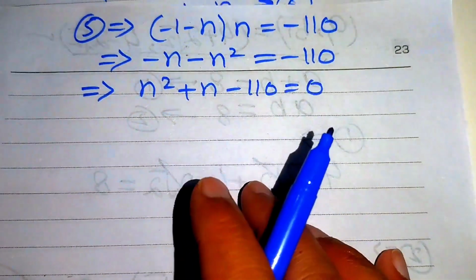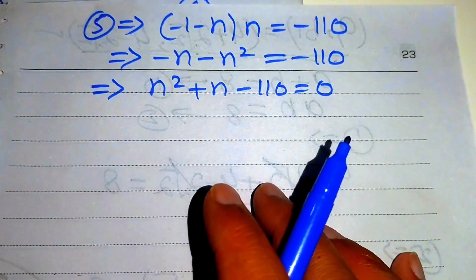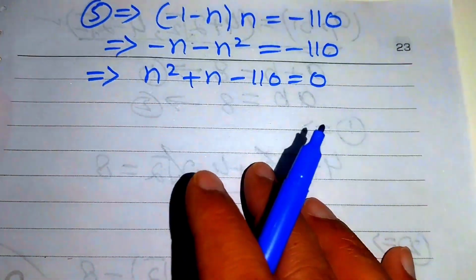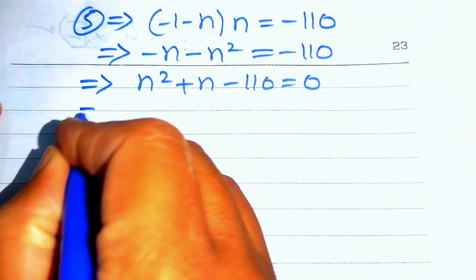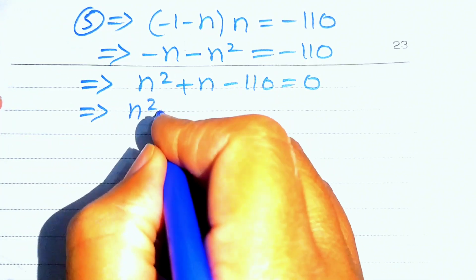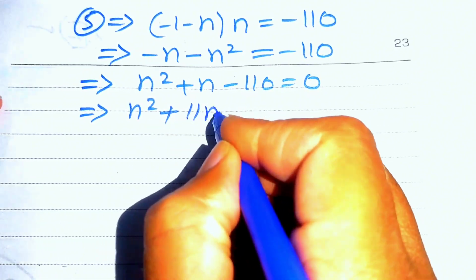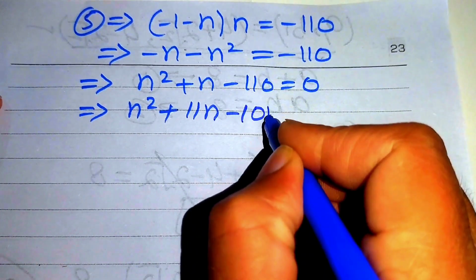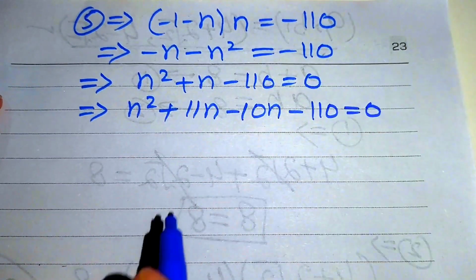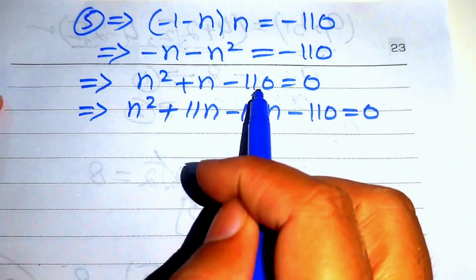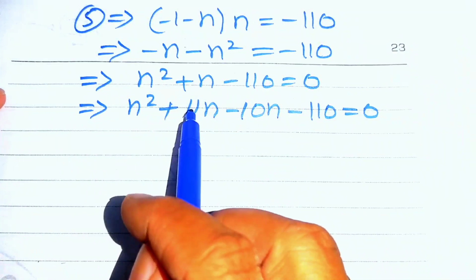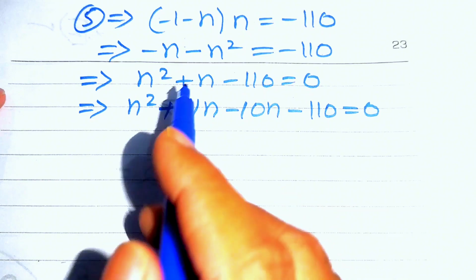And now we easily make the factors of this equation and we get the value of n here. So we make the factors: n square plus 11n minus 10n minus 110 equals 0, because we need two numbers whose product is 110 and these numbers are 11 and minus 10. So we add 11 and minus 10 and we get plus 1.